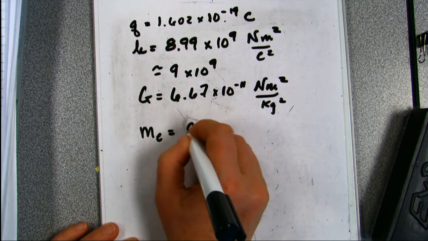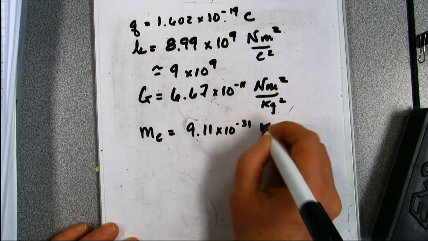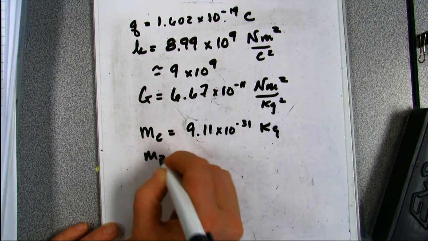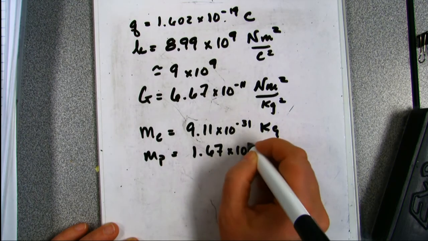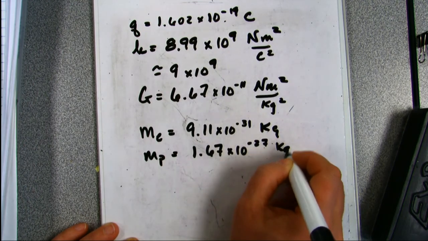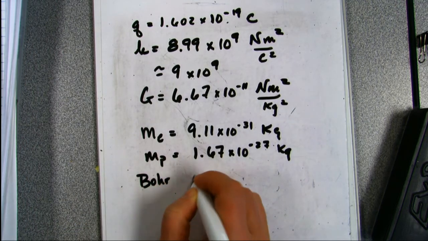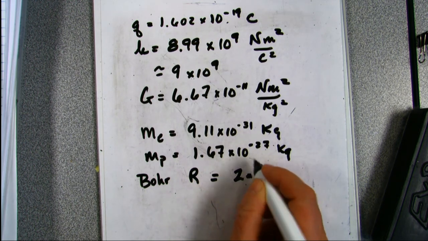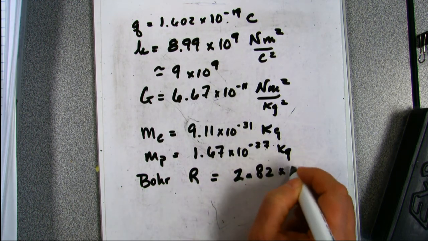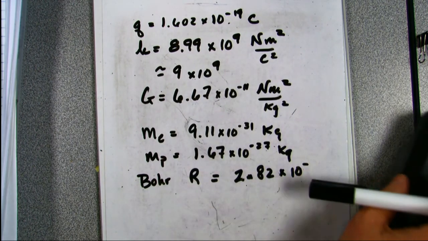Mass of the electron is 9.11 times 10 to the minus 31 kilograms. Mass of the proton is 1.67 times 10 to the minus 27 kilograms. If I use the Bohr radius, that's 2.82 times 10... Oh, that's not the Bohr radius.